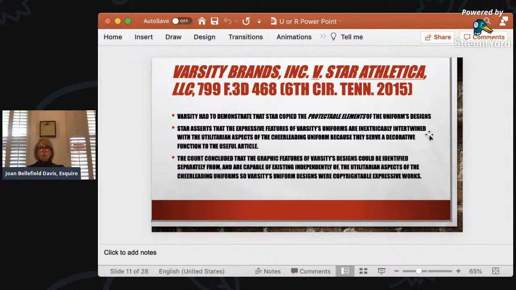You can have what's called common law trademark or copyright protection, which basically means that even if it's not registered, you can still assert protection that you own the copyright and items. The difference is if it's registered with the Copyright Office or trademarks with the Trademark Office, you get some additional things. You get statutory damages. It's proof to the world that you actually own the intellectual property in those items.